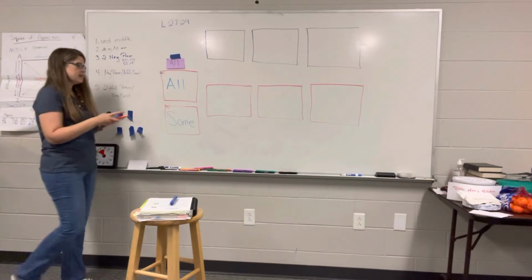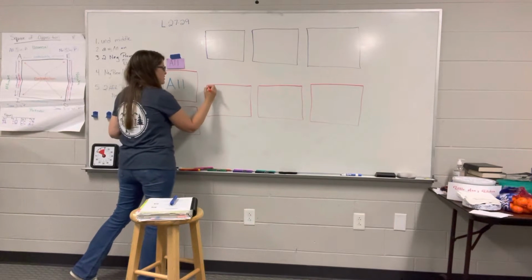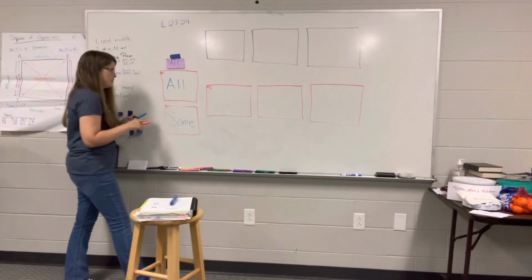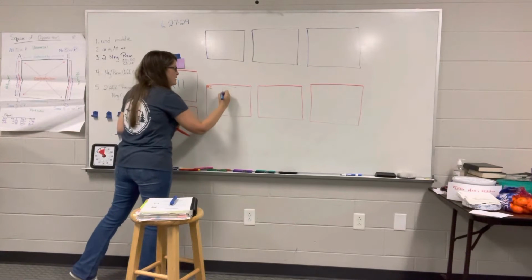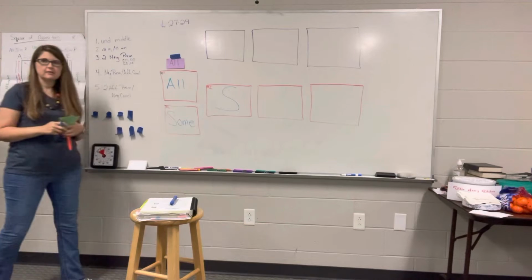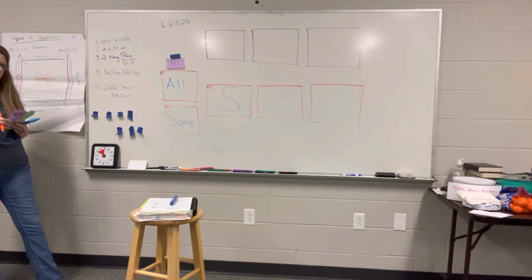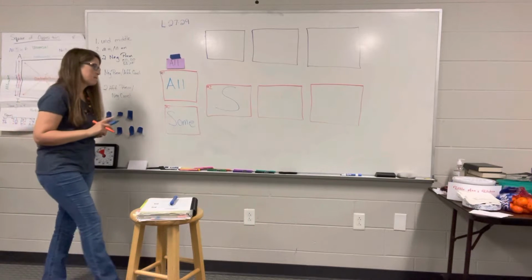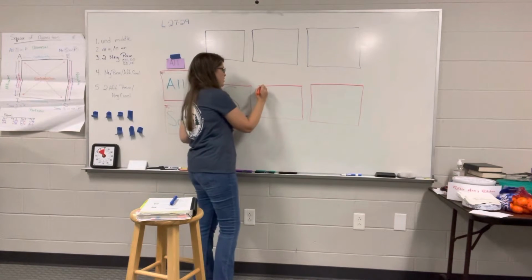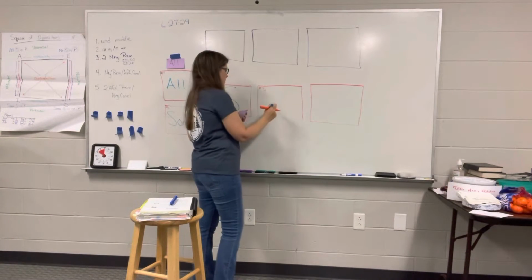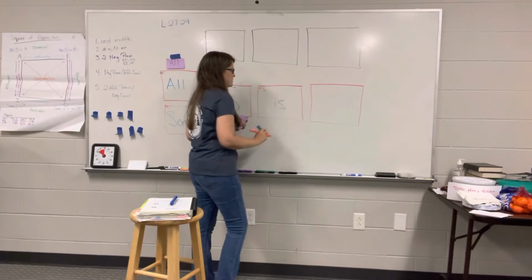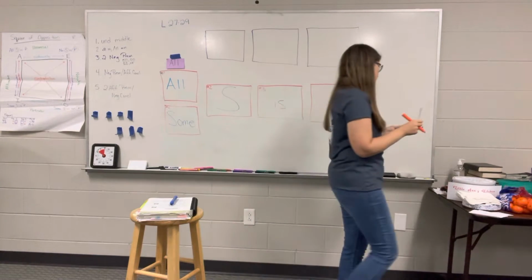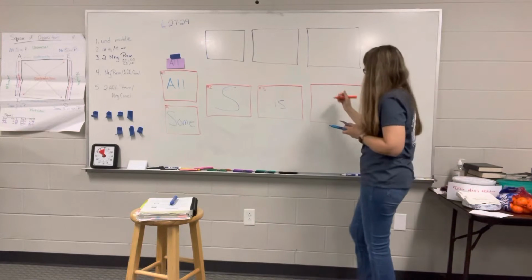All right, on the next card, you're going to write number 2, and you're going to make a really big S. On the third card, you're going to put number 3, and you're going to make an is. Michael, what do you think is going to go on this one?